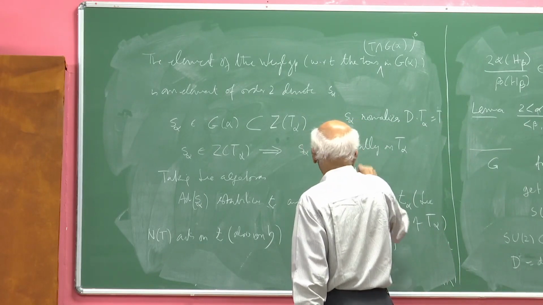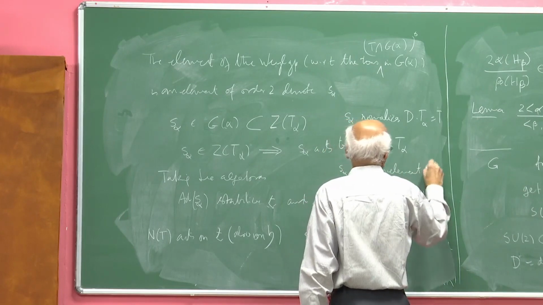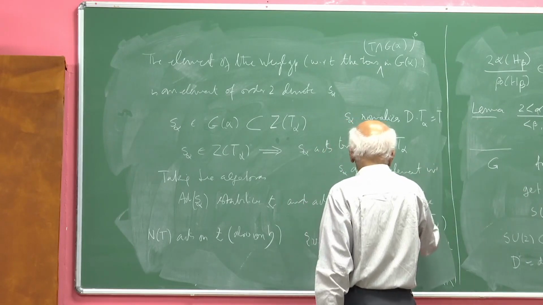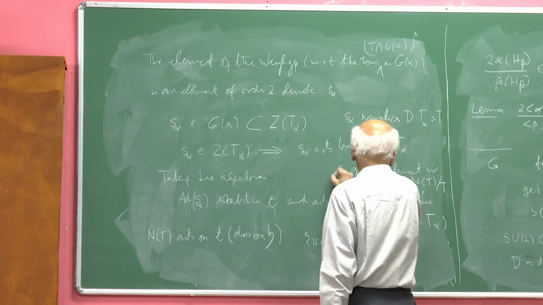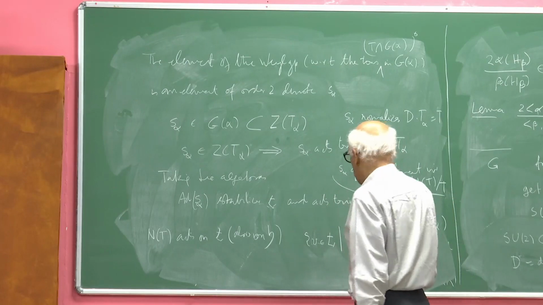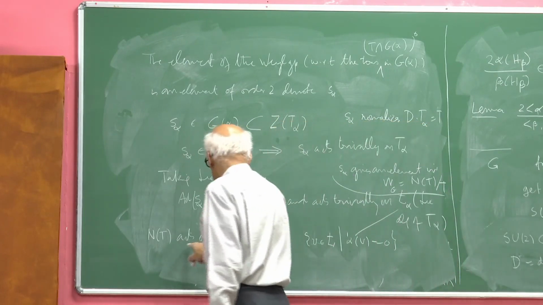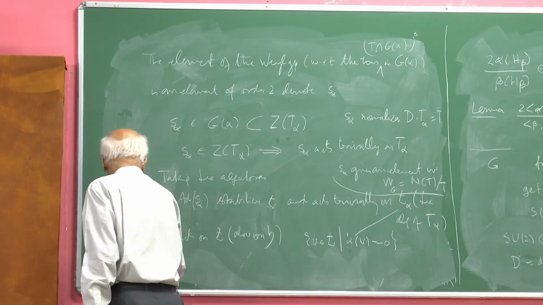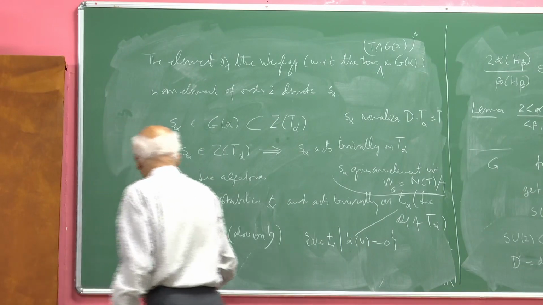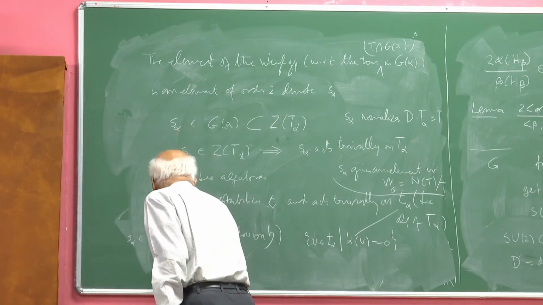S alpha gives an element in WG, which is NT by T. So you find that NT acts on T, and you have this element S alpha sitting there, and the action on T acts trivially.